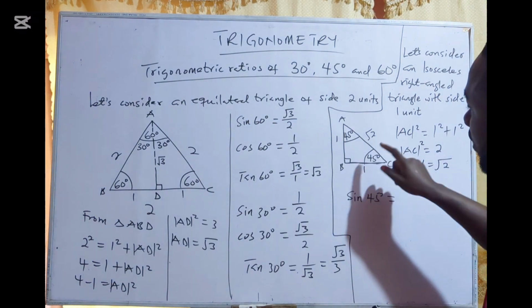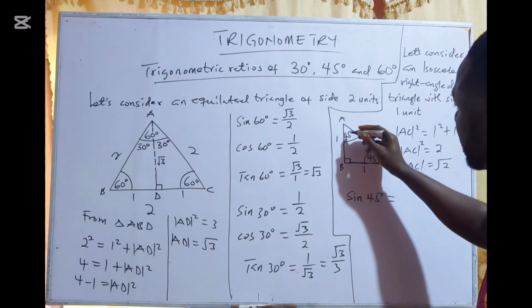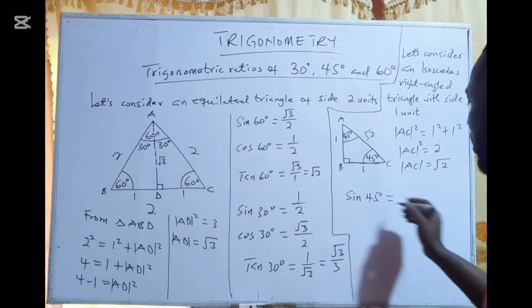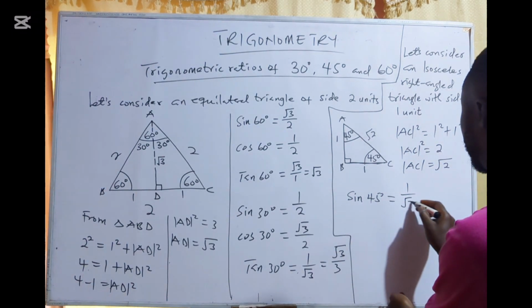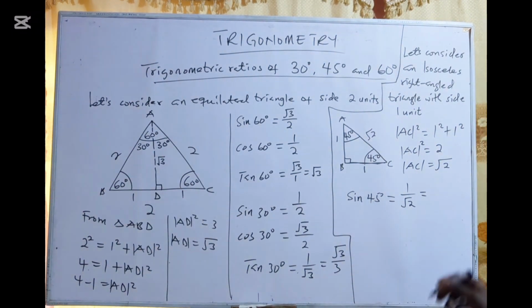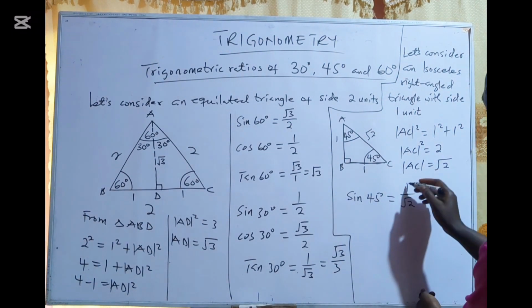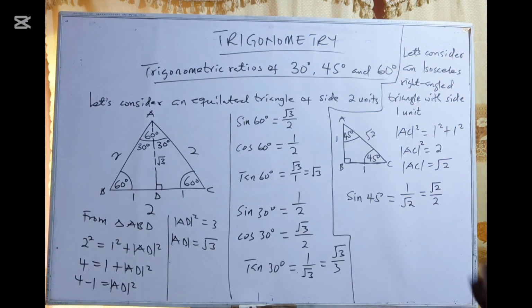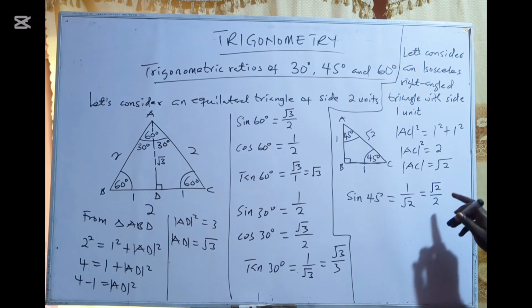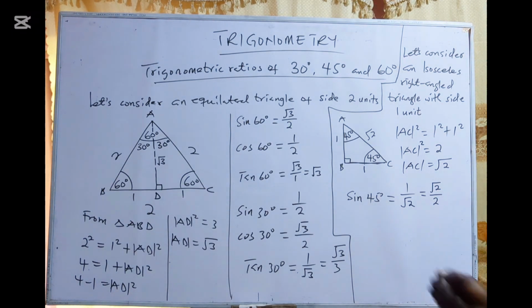So if I stand here, I get the same thing. My opposite from here is 1. So opposite is 1. And my hypotenuse is what? Is root 2. So 1 over root 2. So when I rationalize, I become what? Root 2 on 2. So 1 times root 2 is root 2. Root 2 times root 2 is 2. So I get root 2 on 2.